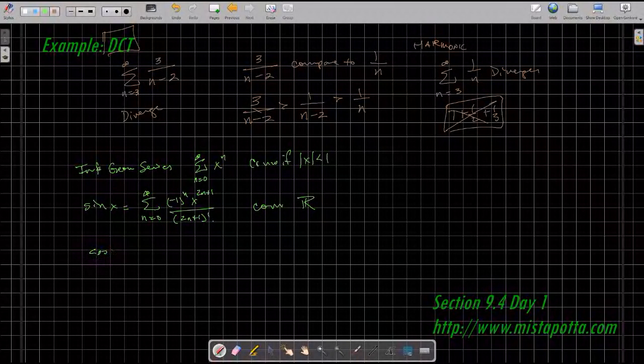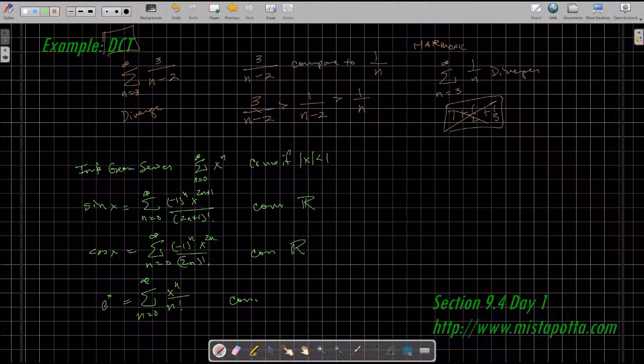We talked about the cosine of x, which is the sum from n equals 0 to infinity of negative 1 to the n x to the 2n over 2n factorial. And we know this converges for all reals. And e to the x, which is the sum from n equals 0 to infinity of x to the n over n factorial.